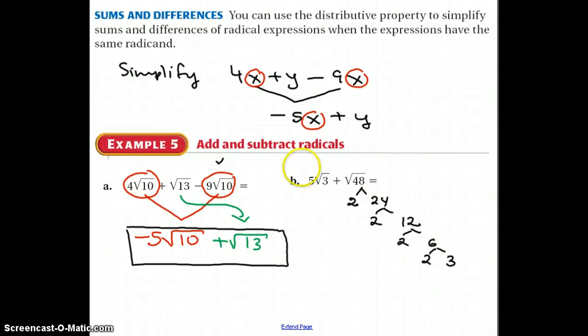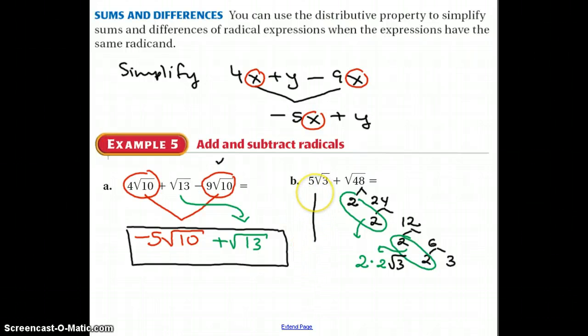And then once I have it all broken up, I'm going to look for pairs. I have a pair of 2's, and I have another pair of 2's, which tells me that I can bring a 2 out in the front, and I can bring another 2 out in the front, and I do have a radical 3 left over.